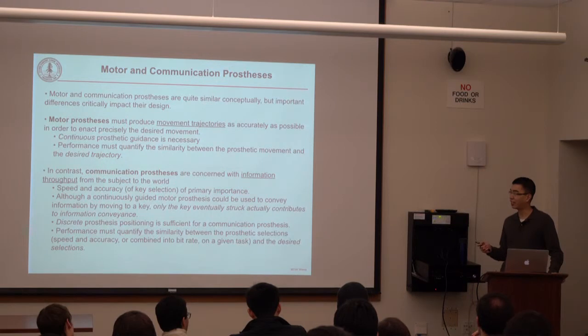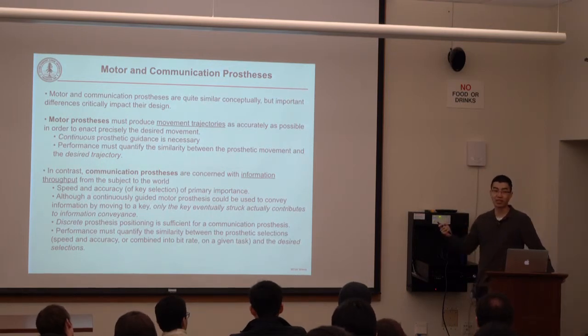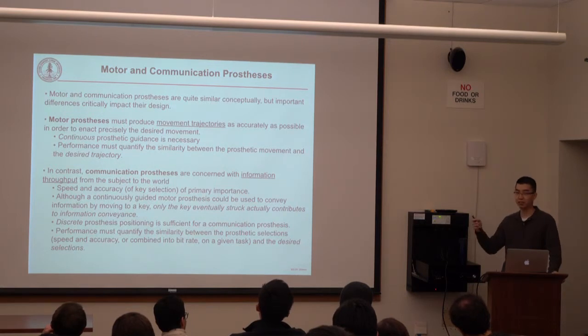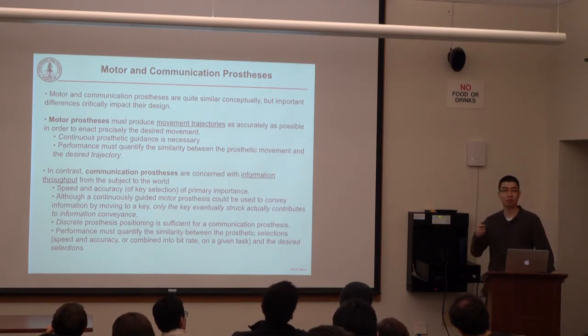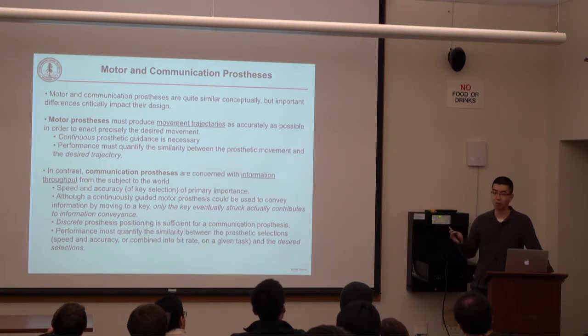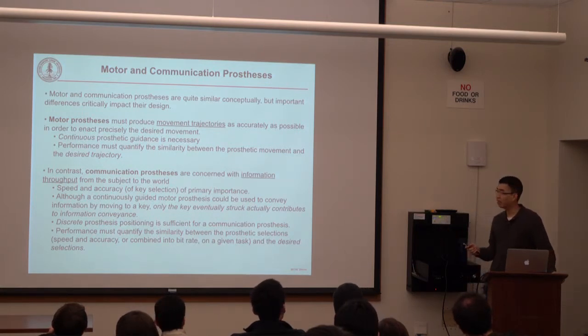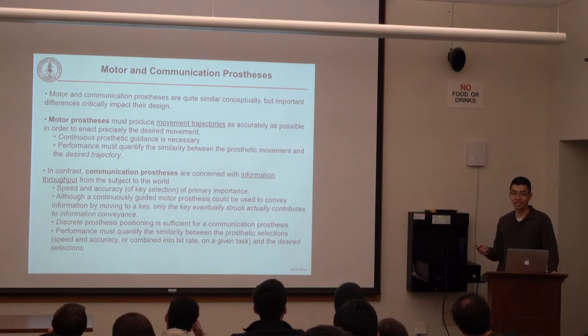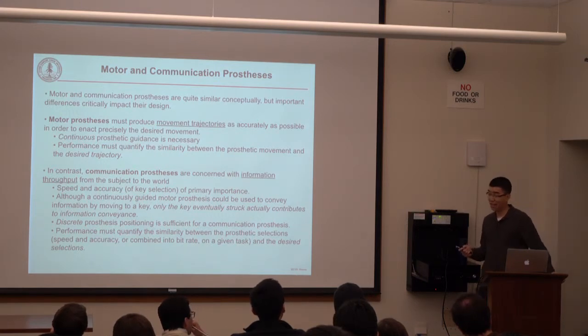And so we're going to be talking about transmitting 4 bits per second. But it turns out that if you can transmit information at 4 bits per second, it's equivalent to being able to type around 8 to 10 words per minute. And so even though 4 bits per second sounds pretty slow, it could actually be really meaningful.